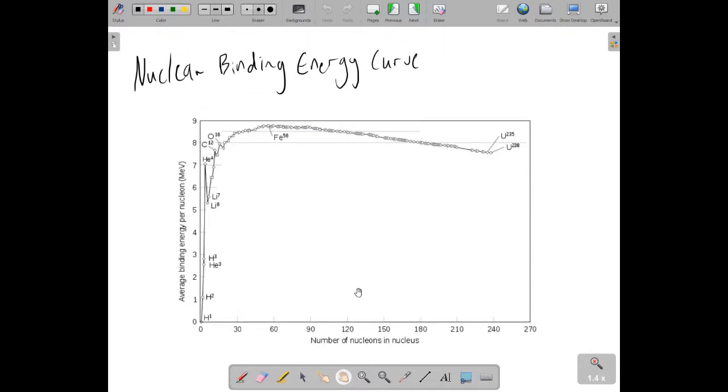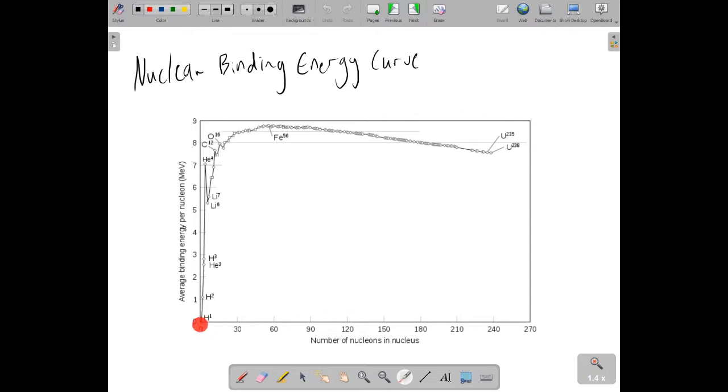So the curve has some important features. It starts off at 0 because hydrogen, as an individual proton, doesn't require any energy to hold it together, or doesn't release any energy, as it's not held to anything.